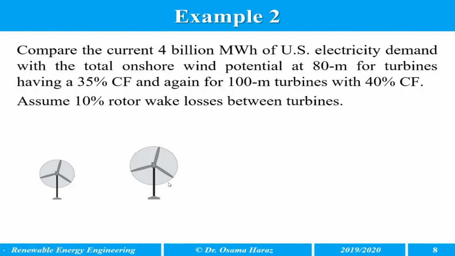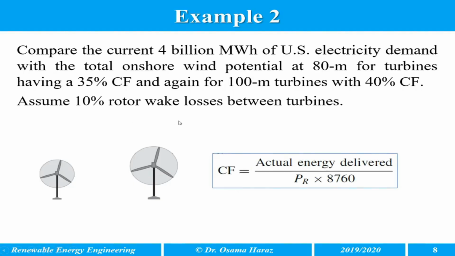So we have two different types of turbines. The first one is 80 meter, 35% CF, and the other type of turbines is 100 meter diameter with 40% CF. And the amount of electricity generated is 4 billion megawatt hour. So how to compare between them? We are going to use the same formula.